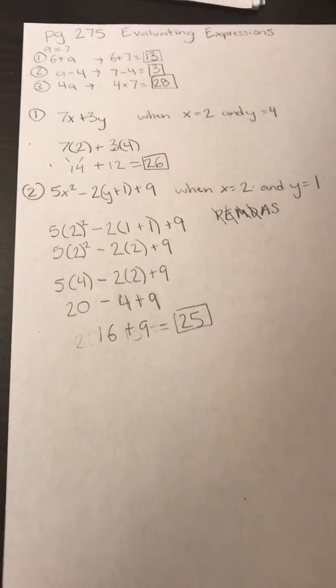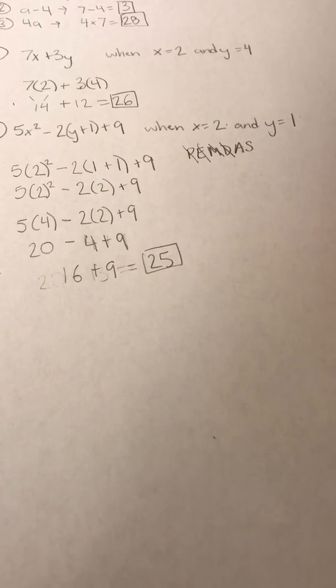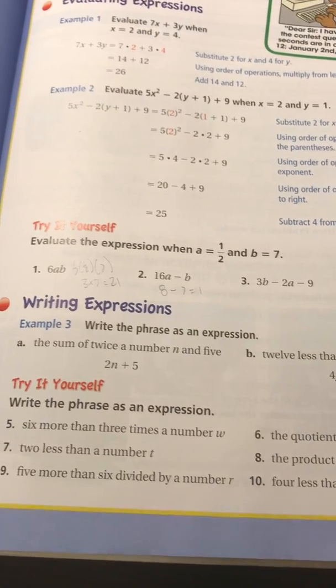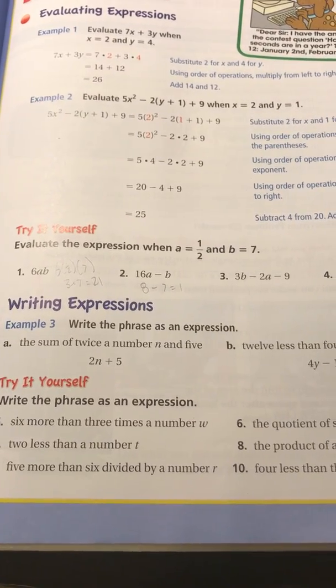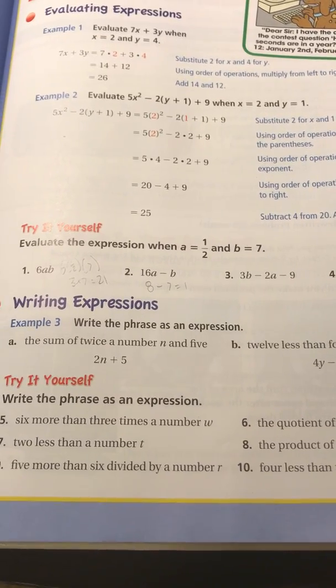Okay? Next, let's move on to evaluating some different types of expressions in your book. The rules for this are A equals 1/2, B equals 7.